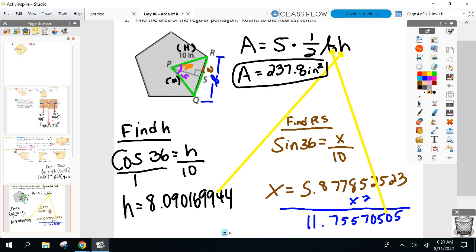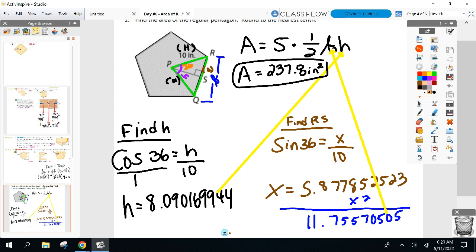Whew. All right, so if it's not 30-60-90 or 45-45-90, we can still use sine and cosine. Anything from you guys?